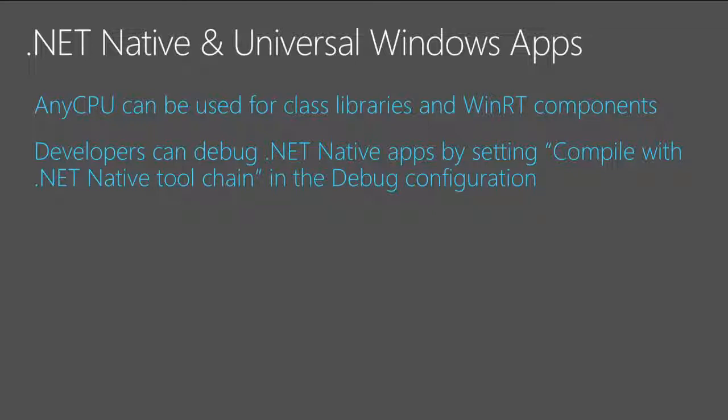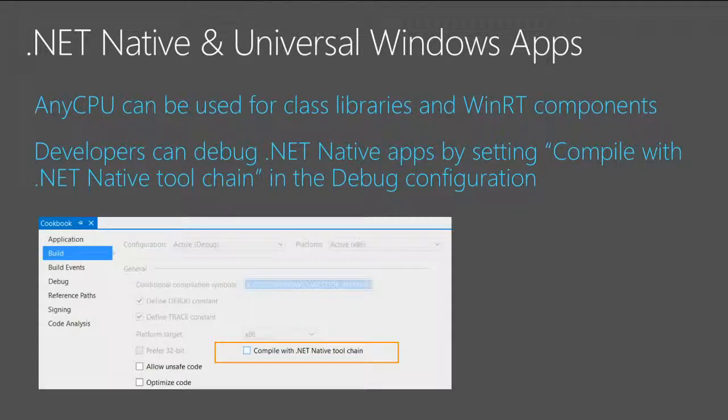So you don't really want to get hit with that performance impact every single time you're debugging an application, right? .NET promises a really fast deploy debug workflow, but if you actually run the .NET toolchain every single time, your workflow might get impacted severely. So by default, we don't enable the .NET toolchain in debug. It is only enabled when you build release. But if you really want to do it, you can do it. That is a property for you, but we would encourage you not to do it.